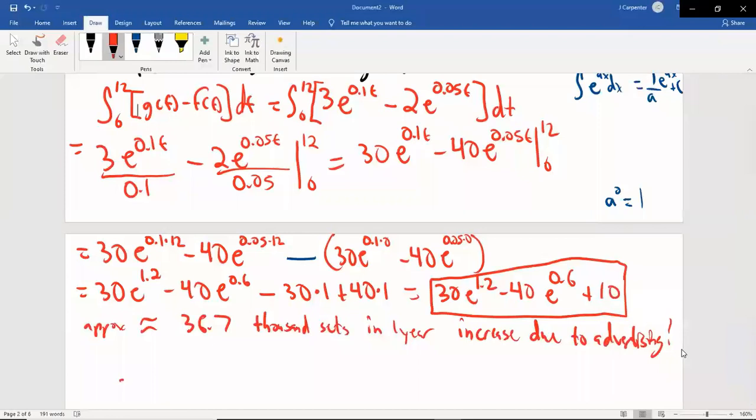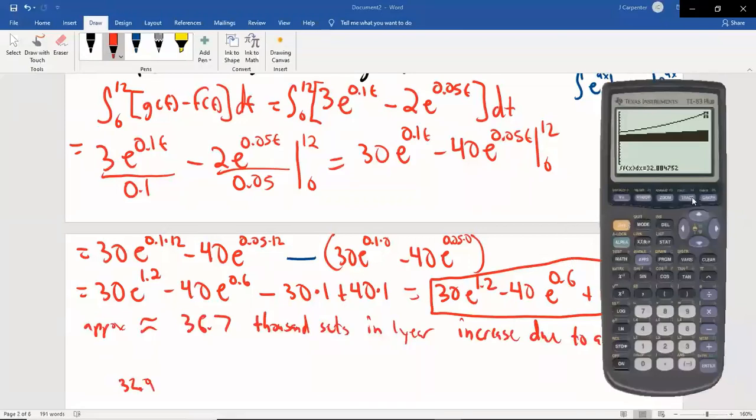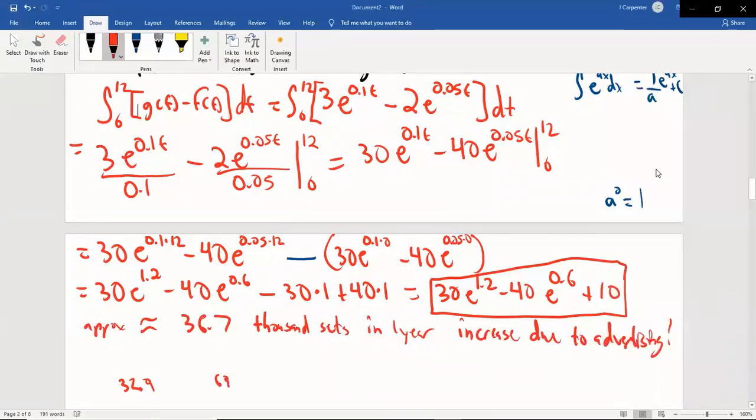I'm just going to write that for a second, 32.9, to hold on to that. Now let's do it again, but on the upper curve. So let's go second trace, option 7. Let's hit up to go to the upper one, lower limit of 0, upper limit of 12. Now remember, I didn't clear it, so it's not just doing that area, it is doing the whole area. And it's 69.6. And guess what 69.6 minus 32.9 is? You guessed it, it's 36.7.